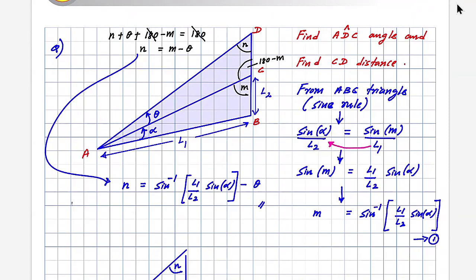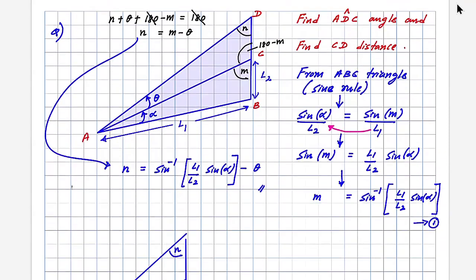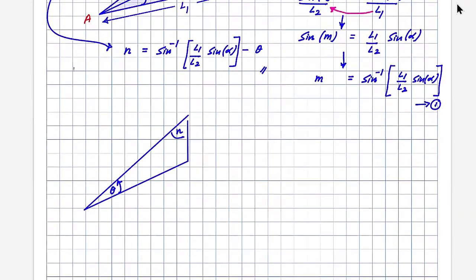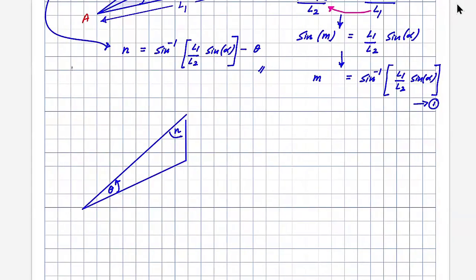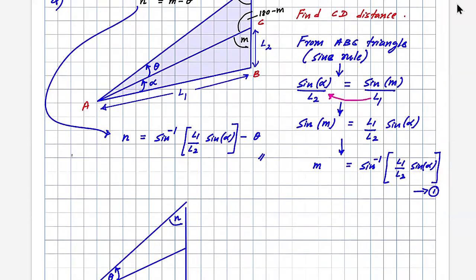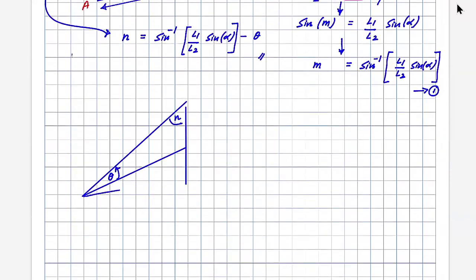So you need to find CD distance. Actually, to find CD distance, we can take the whole thing. So I'm going to take this one as well. This is L2, right? So this is L2. Look at the board. This is L1. This is alpha. This, I would say Y. Okay, so this Y we need to find.